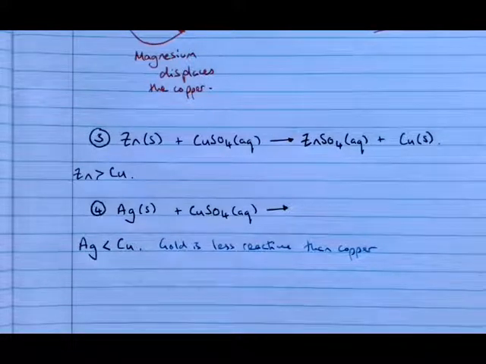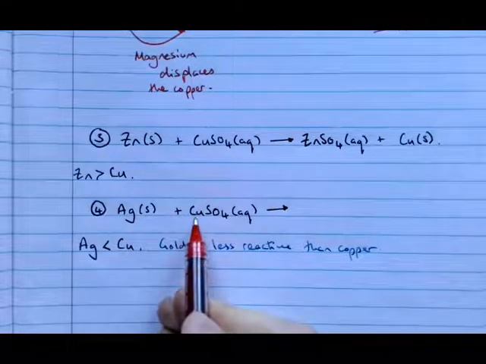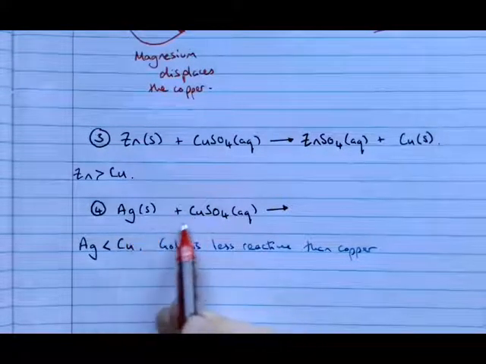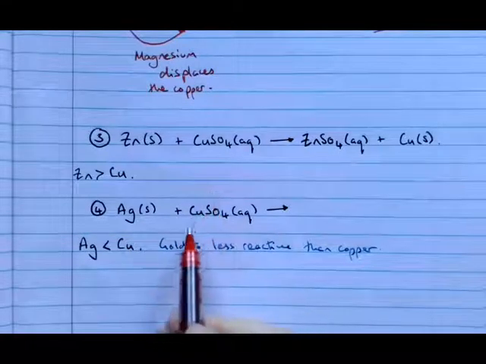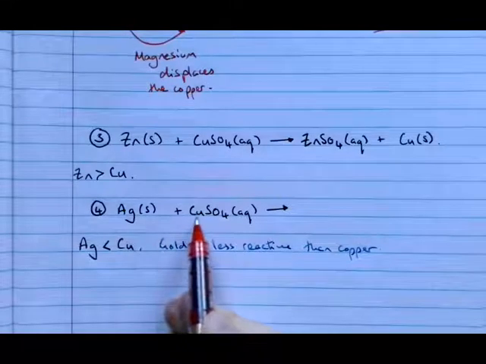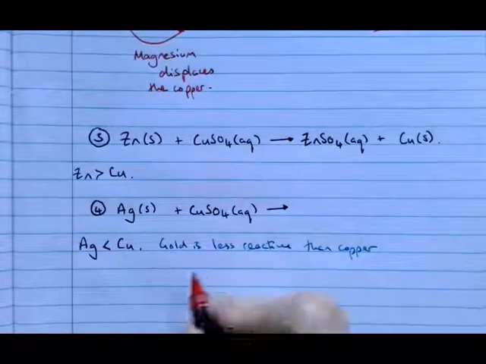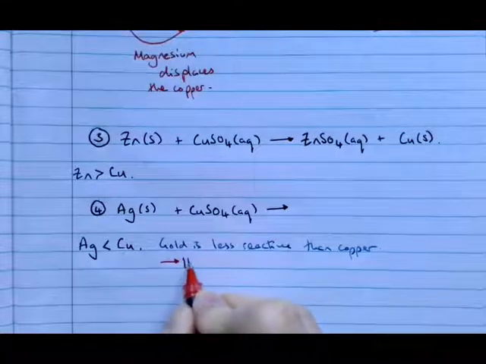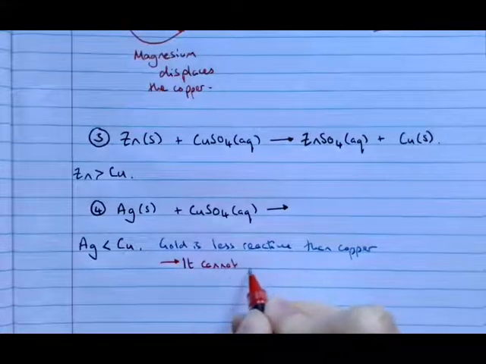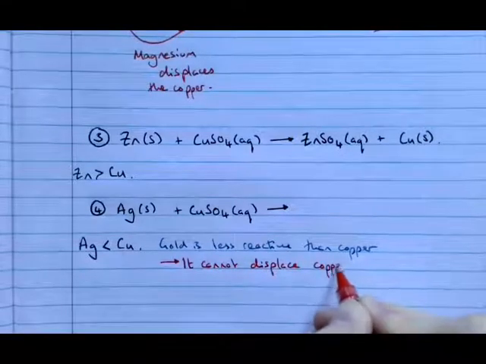Okay, so because gold is not as reactive as copper, it's not able to kick copper out of this copper sulfate solution. So gold is unable to displace copper. Because gold is less reactive than copper, it cannot displace copper.